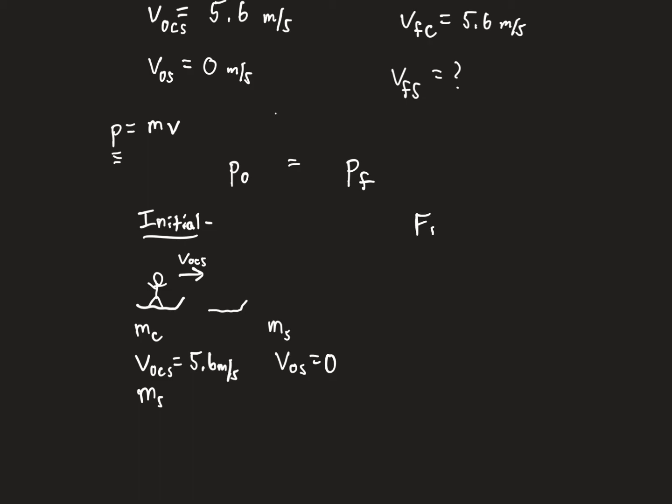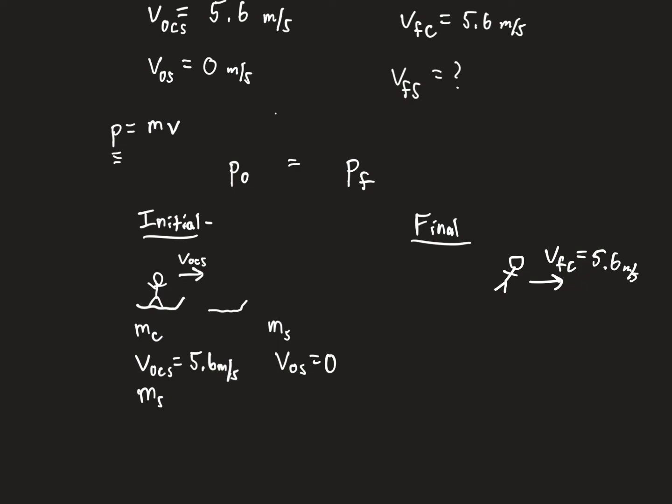Final situation. What happens to the sleds after I have this collision? What does it tell you in the problem? The problem tells us the child is launched forward at the same speed, so this child's going to go flying. V final of just the child is going to be 5.6 meters per second.